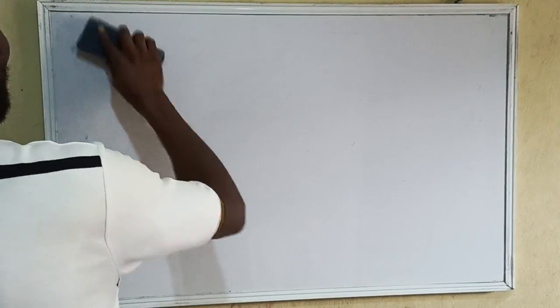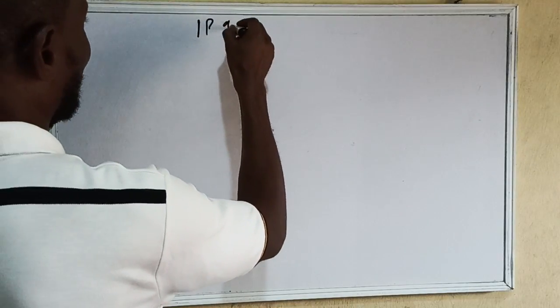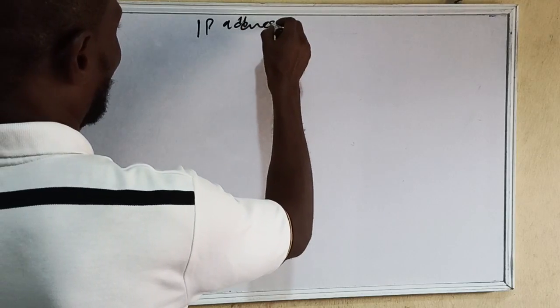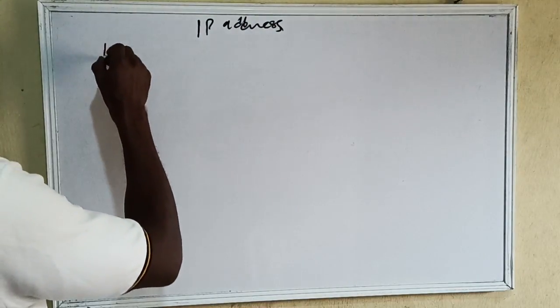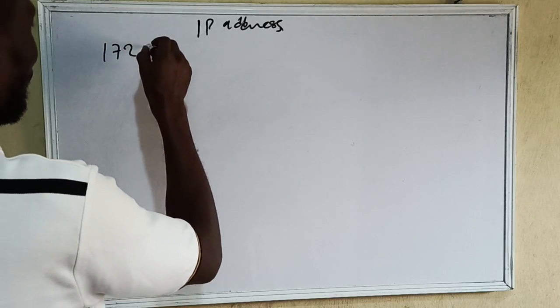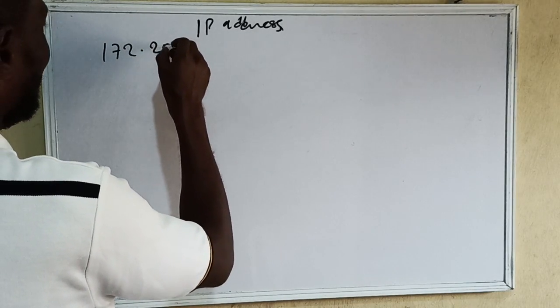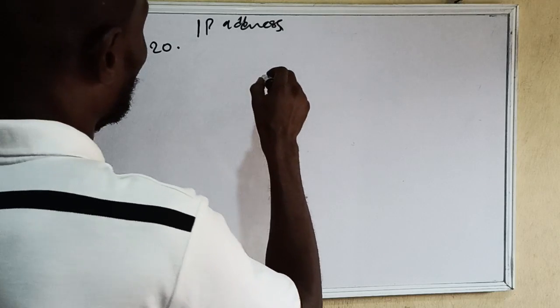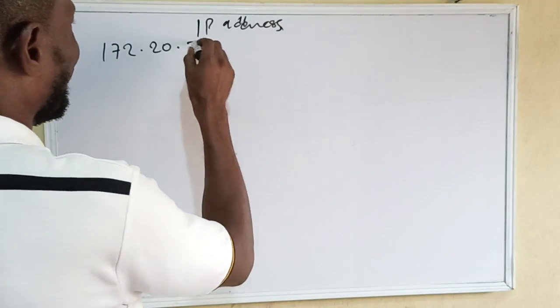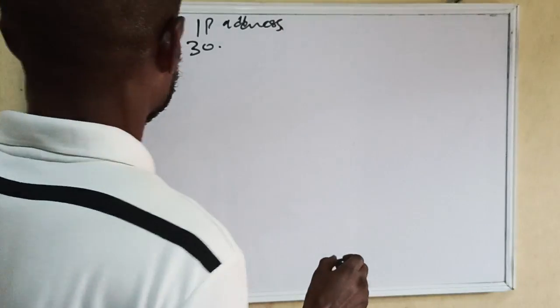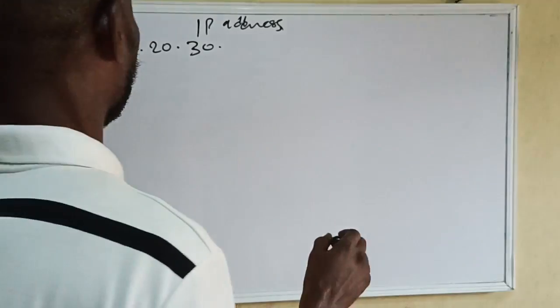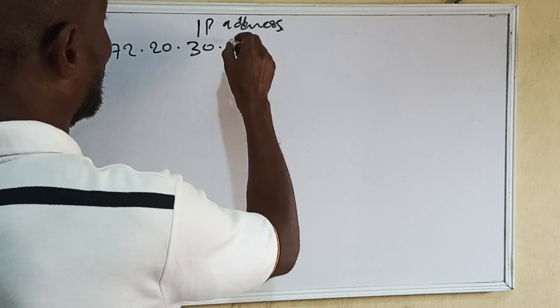And let me still go ahead and tell you how to convert the IP address. Like this number, 172.20.30, and let's say dot 50.